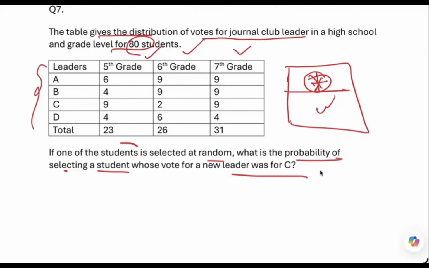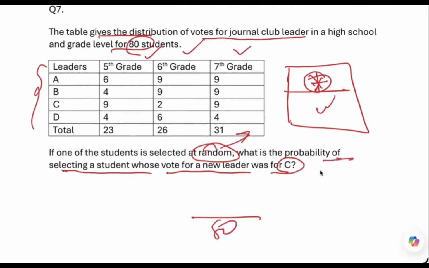It said, if one student is selected at random, whenever you hear the word random, that means the whole population is selected. What is the probability of the selected student who voted for leader C? So at random is basically the whole population. So the whole population is 80.